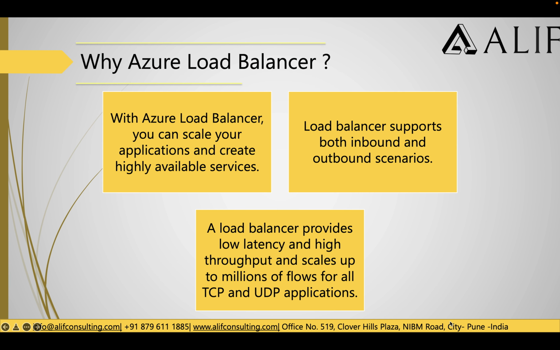Now here is the reason why we need a load balancer: high availability and scalability of the applications. With the load balancer we can do load balancing for our inbound and outbound traffic as well, and it provides low latency and high throughput, and we can scale the application to serve millions of requests.